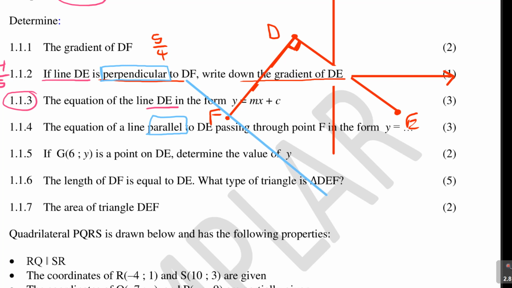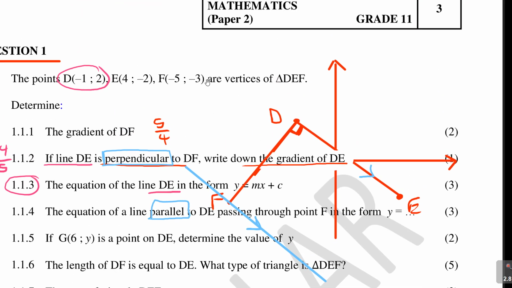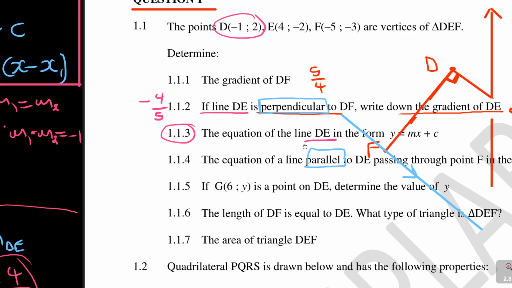I think that, but I want it to pass through this point like this. Yes. So when they say it's parallel, it's like you've got these lines, you know. So now you come back to that concept to say, number one, it passes through point F, meaning you need to know the coordinates of F. F is minus 5 minus 3.